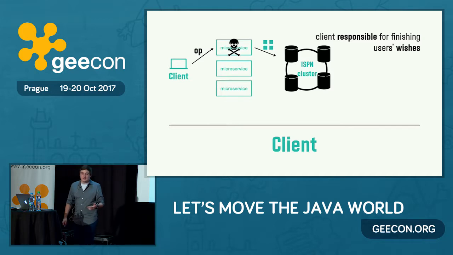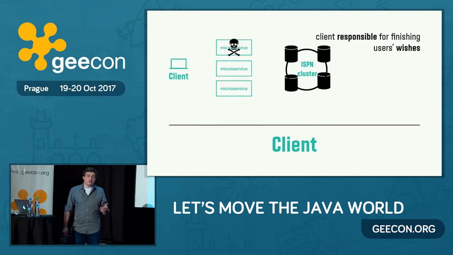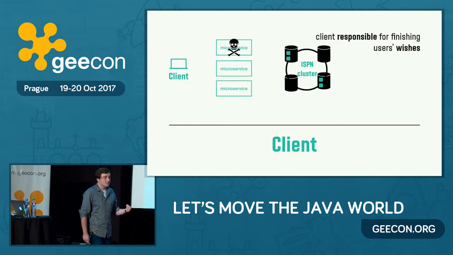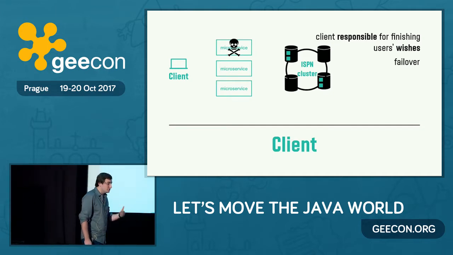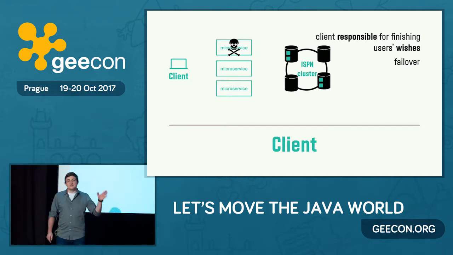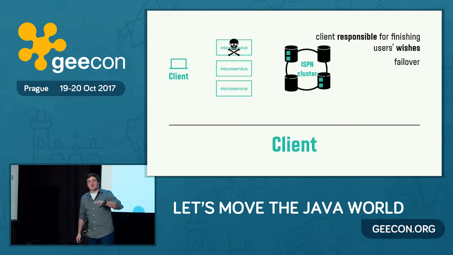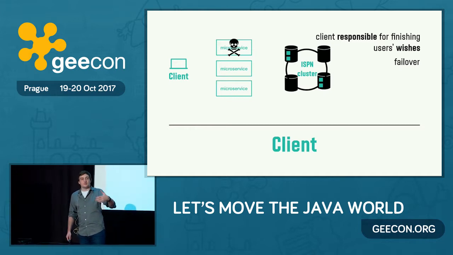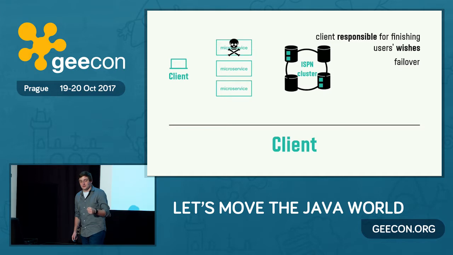What can happen is that the client, of course, will observe something like HTTP 500. And in the Infinispan cluster, the microservice might happen to write those 2 writes out of 4. Now, in this case, what I mean by the client responsible for finishing users' wishes is that our client needs to perform a failover, and it simply will try to find another healthy instance of the type of the microservice that it usually talks to.